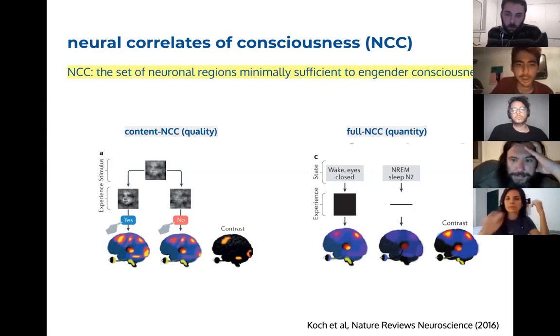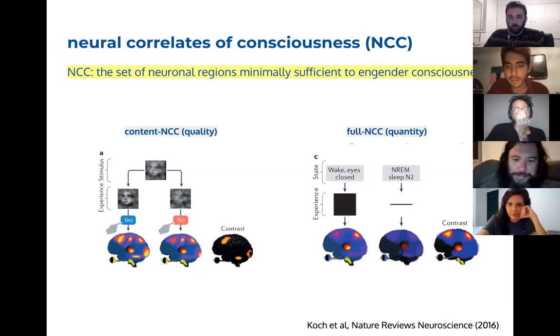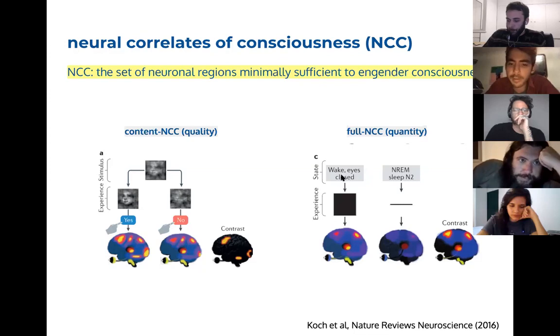I'll also show you a state-of-the-art recent experiment on the neural correlates of consciousness, in which you have what's called a within-state paradigm. Here you contrast wake with sleep, right?